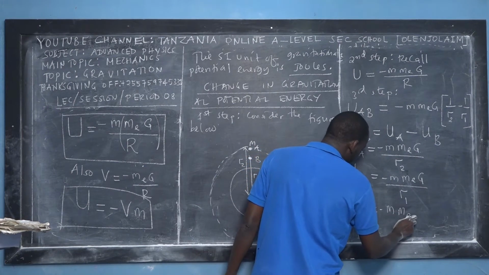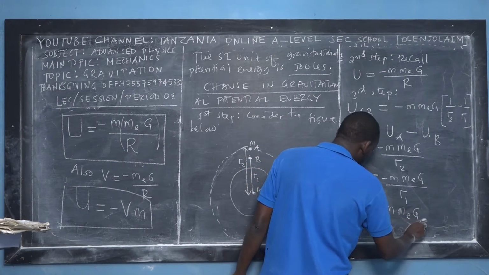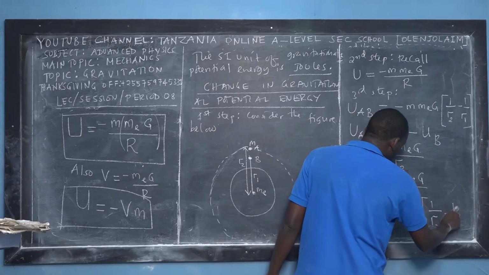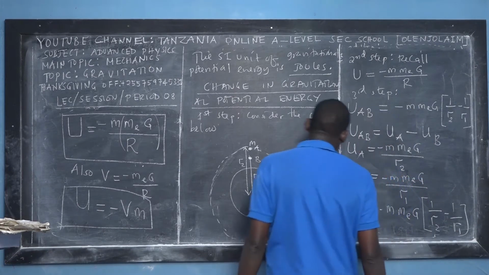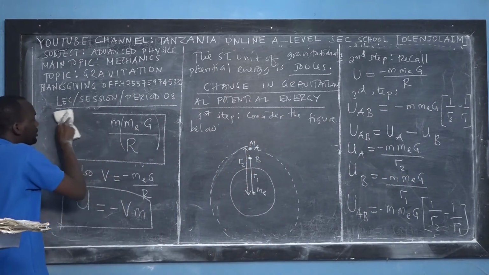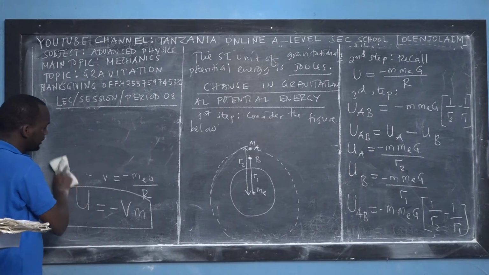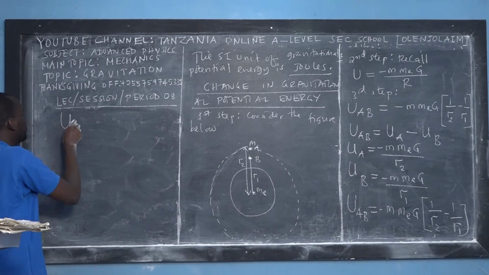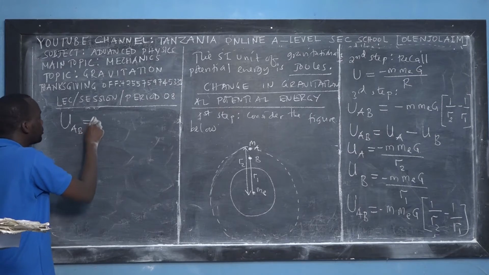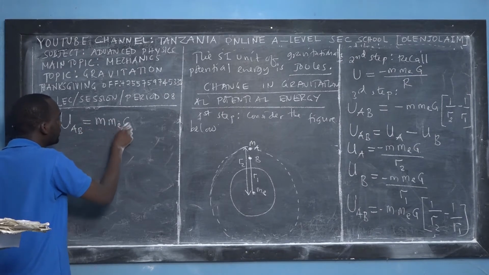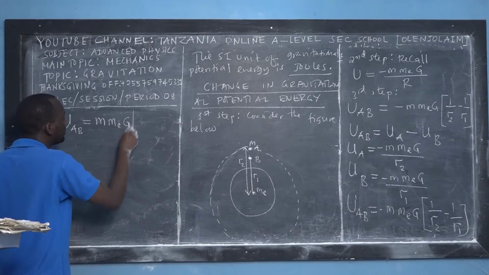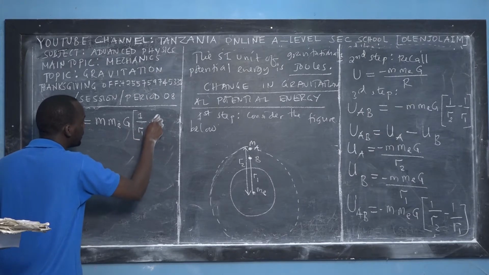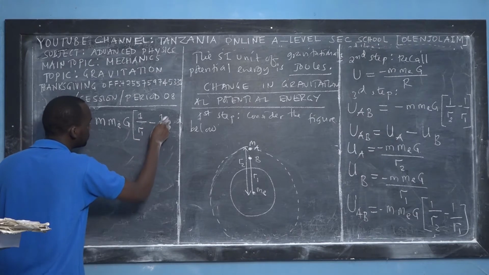Negative mass of the S, mass of the body, times gravitational constant, times 1 over radius 2 minus 1 over radius 1. Now, because we have a negative outside of the bracket, if we apply the negative, we have the gravitational potential of AB equal to mass of the body, mass of the S, times universal gravitational constant, times 1 over radius 1 minus 1 over radius 2.